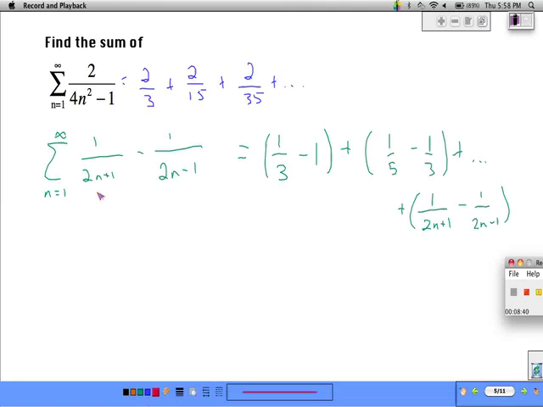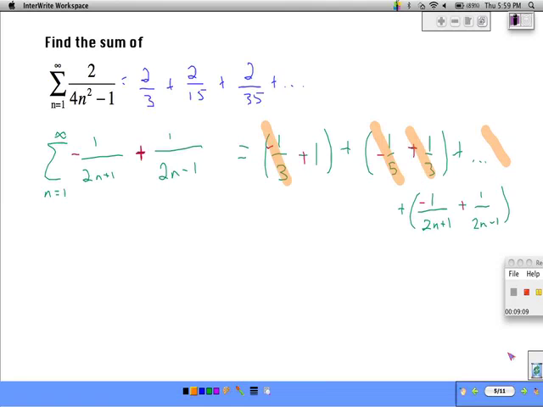I apologize, I can't read my handwriting. The 2n minus 1 fraction should be positive 1, and the 2n plus 1 should be negative. So that's just going to change all the signs inside of here. Now this negative 1/3 cancels with the positive 1/3. This negative 1/5 will cancel with the positive 1/5 in the next term.